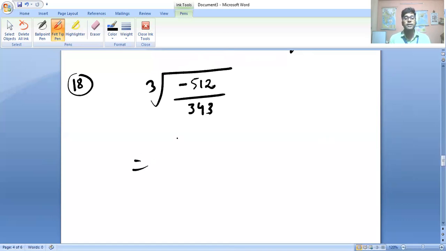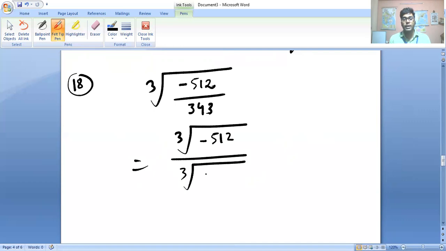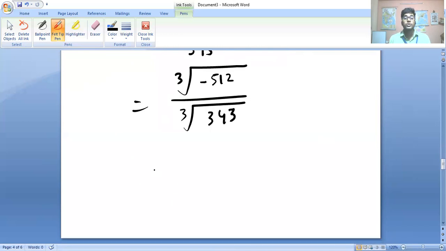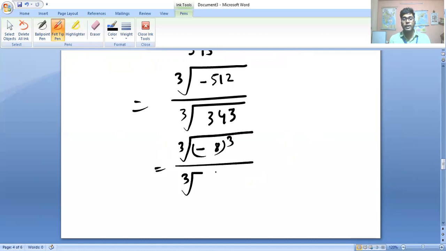Okay, it's very easy. Cube root will go to numerator as well as denominator. So this minus 512 can be represented as minus 8 cube, and 343 can be represented as 7 cube, right?